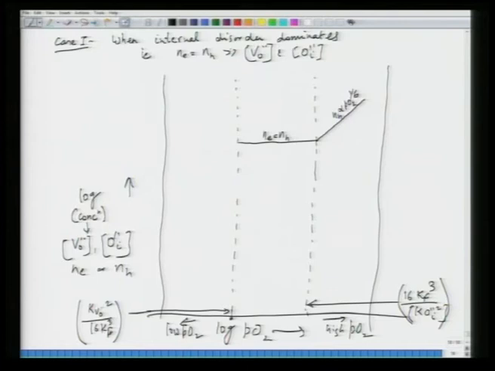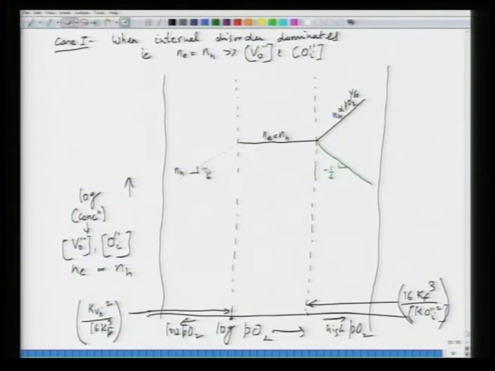And how does it vary on the lower pressure side? It varies as minus 1 by 6. So, this is again Nh. Now, what about Ne? So, Ne goes as, on the higher pressure side, plus 1 by 6.